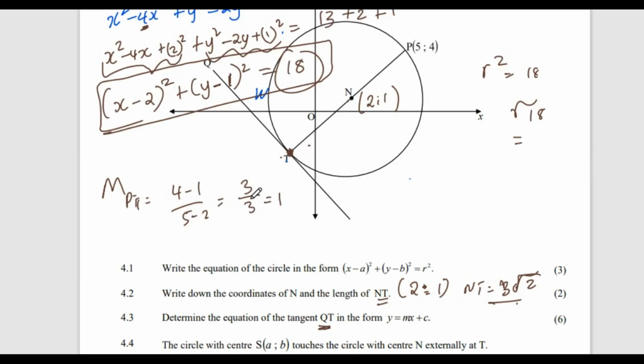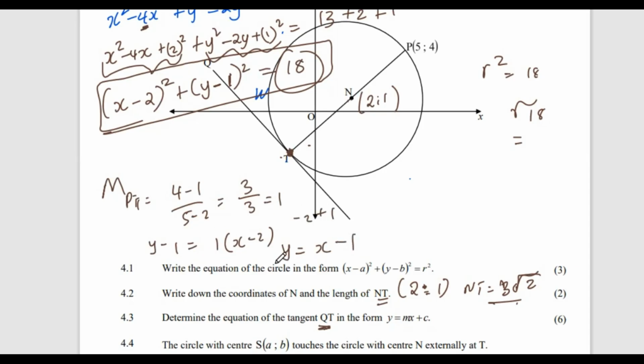Then the equation, remember it's y minus 1 is equal to 1 into x minus 2. Or you can use the mx plus c. When I open that up, I'm having y is equal to x, and I'm going to have a -2 and then a +1.